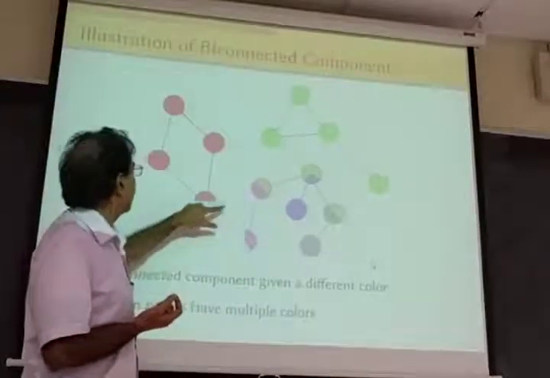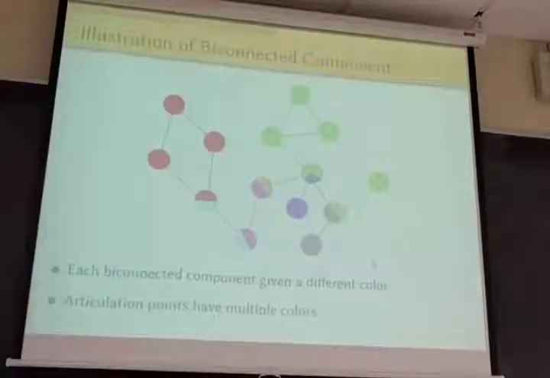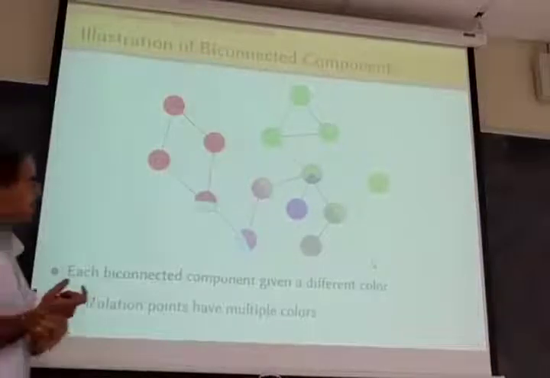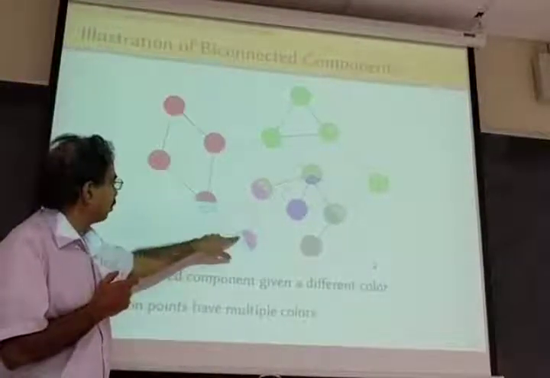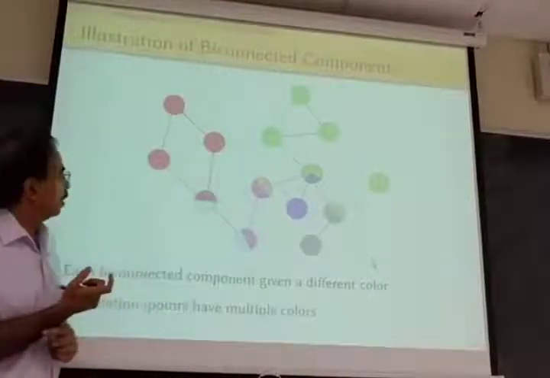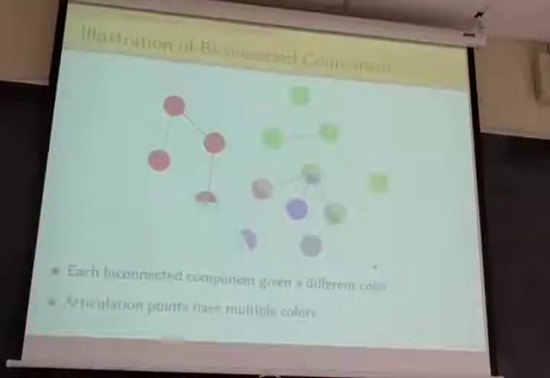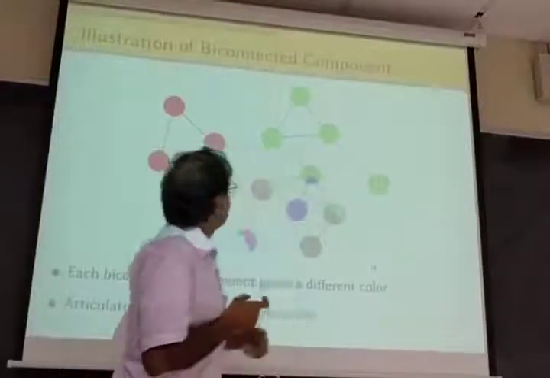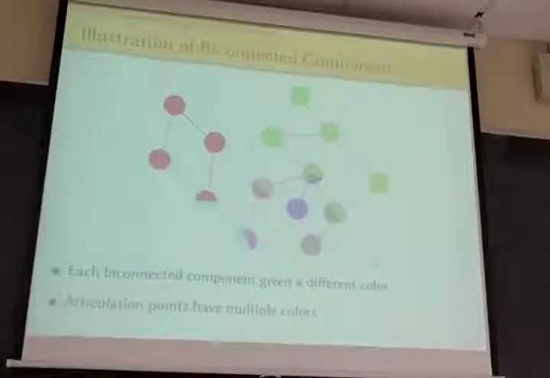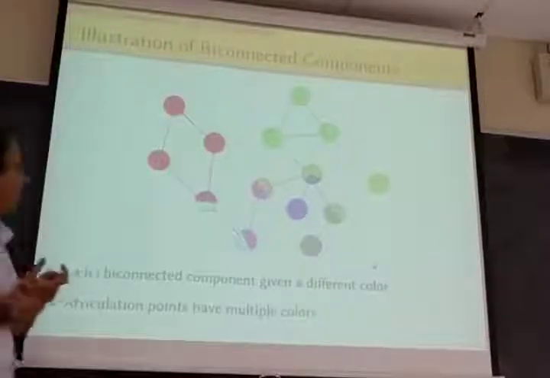Okay, so that's why we are interested in identifying these bi-connected components. And you can see that some of the articulation points are part of 2 different components, and some of them, like this one, is part of 3 different components, right?